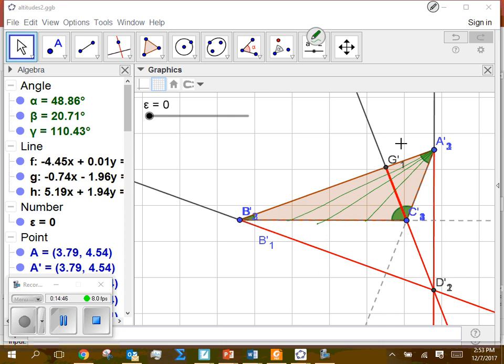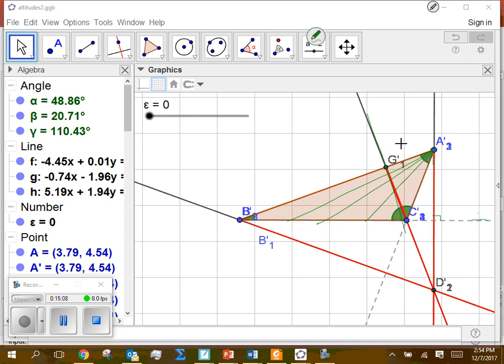So I have to extend this dotted line, okay? Extend B prime to C prime as that dotted line, and then I go from A prime perpendicular to that dotted line, right? So that would be an altitude. So that altitude shows up on the outside of my triangle. And if I extend it far enough, it will intersect this altitude that was actually on the inside of my triangle, and again, this second altitude that's on the outside of my triangle.